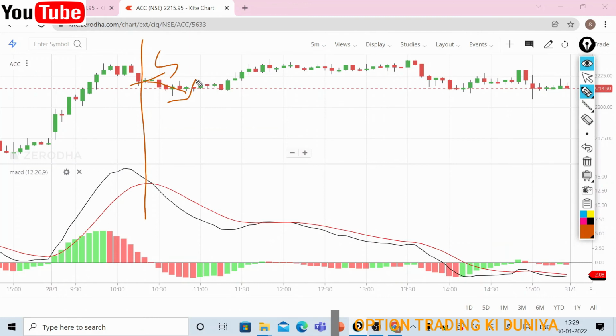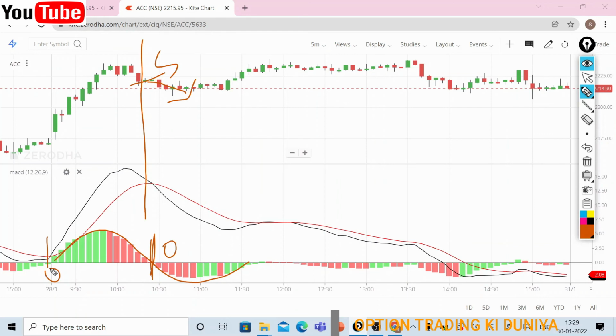Now, whenever there is a crossover, see this histogram. You can see the histogram exactly comes to the 0 point. So here also there is a crossover, it comes to 0. Whenever there is a crossover, you can make use of it to make 2 to 3% profit.